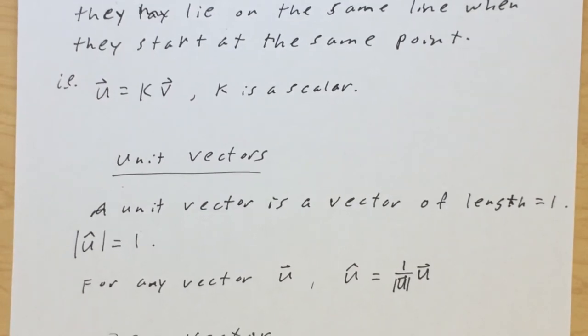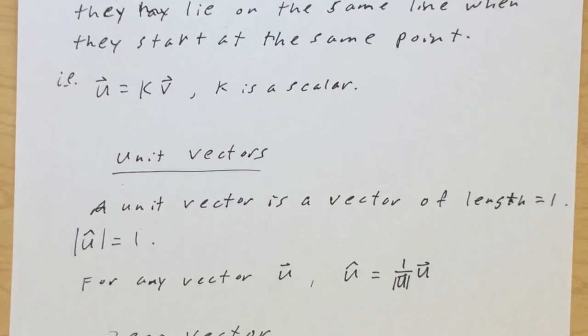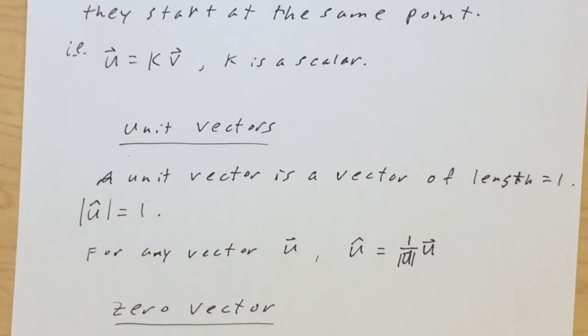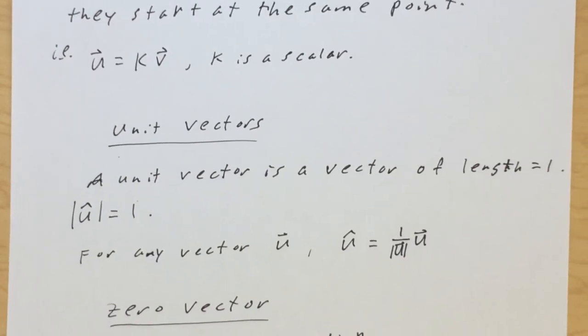And the simplest vector there is the 0 vector. It's nice to have a vector that if you add to another vector, doesn't change it, right? We haven't talked about multiplying vectors yet, and we won't for a little while. That's a little bit more complicated. But in terms of adding vectors, if you add the 0 vector to a vector, you want to end up with the original vector.